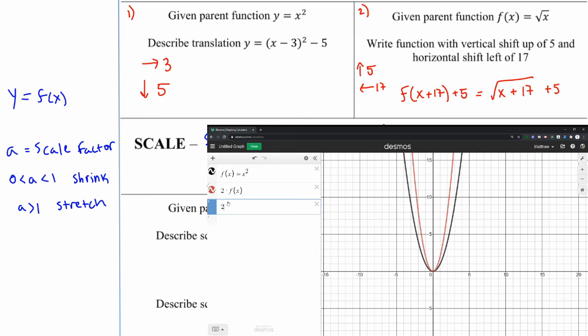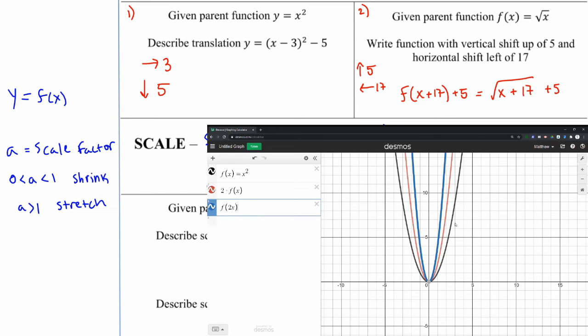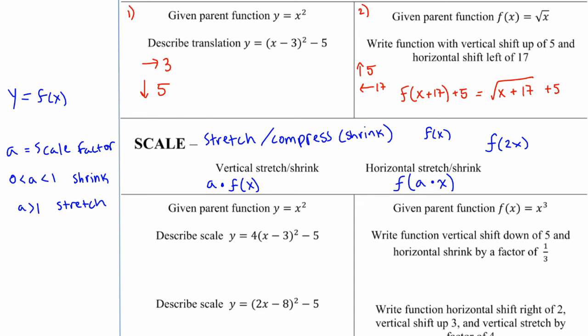Now let's see what happens if I multiply by 2 inside the parentheses, so f of 2x. If we notice, that stretch is even more exaggerated, because for a function like x squared, what that's doing is I'm squaring 2x.